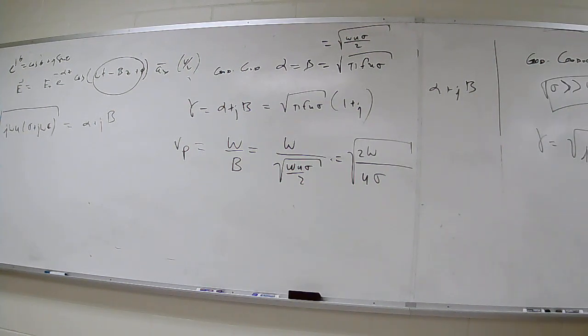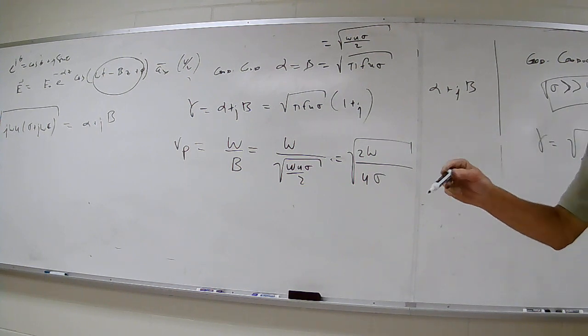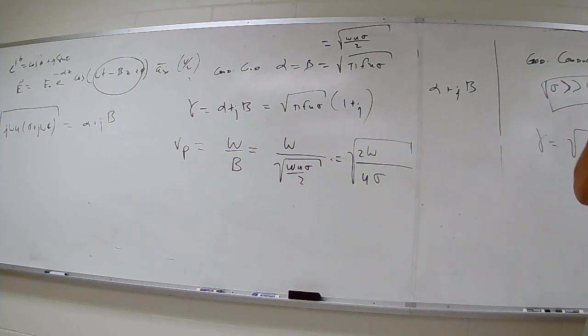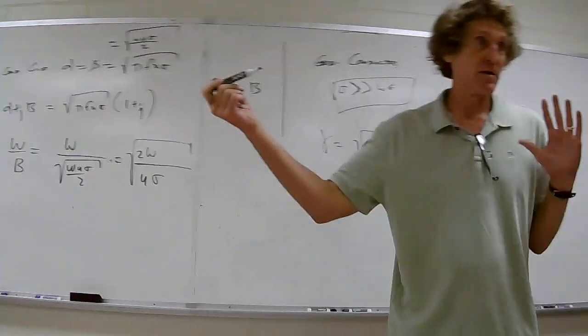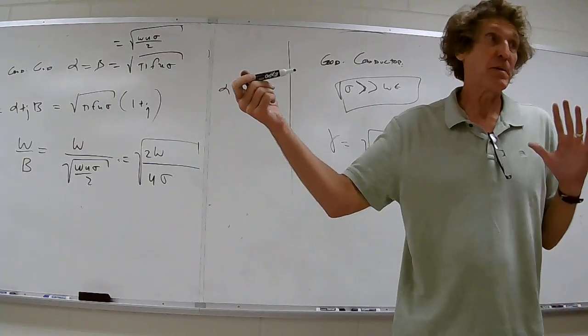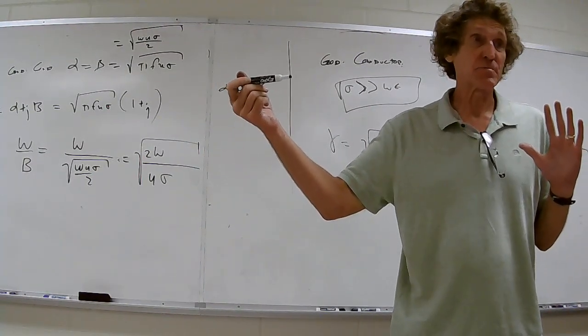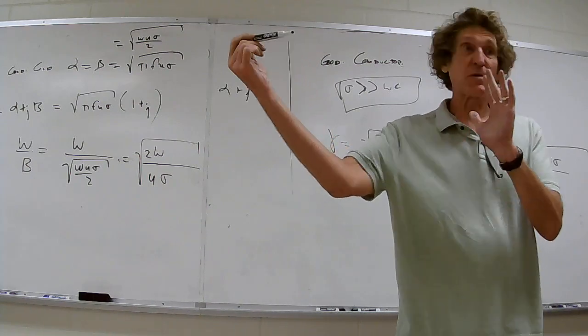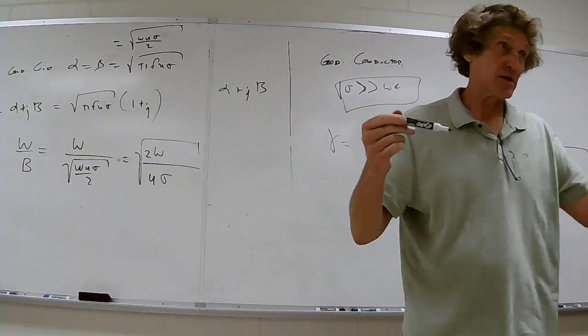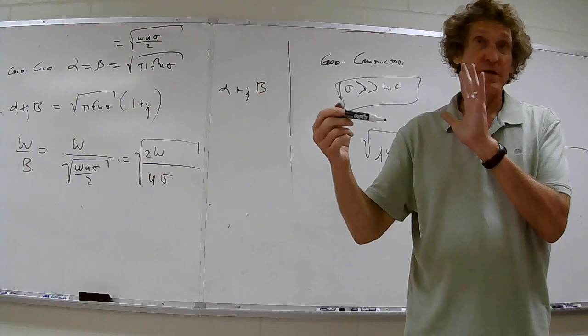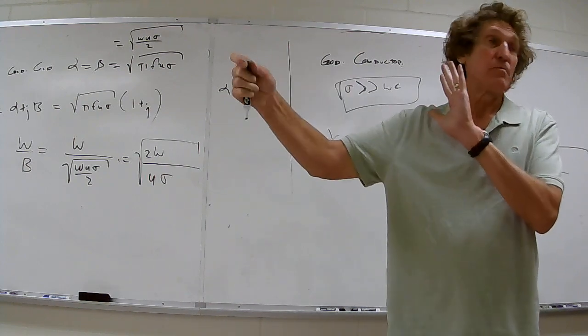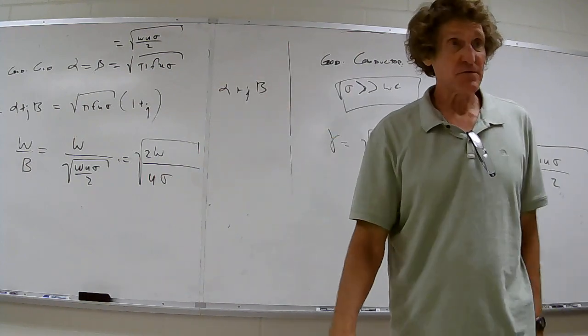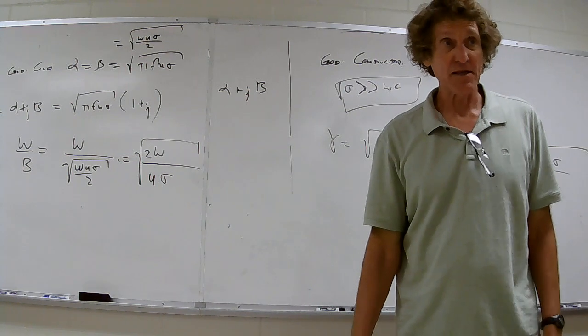I hope you can appreciate what I'm trying to tell you. In other words, if you looked at the actual total path that a photon went for a given second, it would be 3 times 10 to the 8 meters per second. But the horizontal displacement, the net effect is the actual waves moving this way, will still be that velocity. That's the phase velocity. You with me on this, class? It's a little deep to think about.